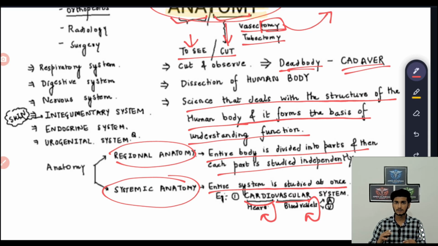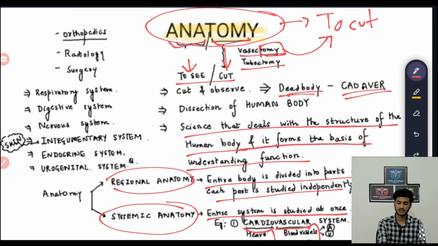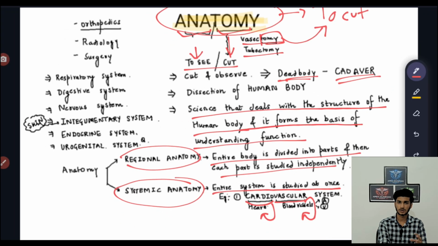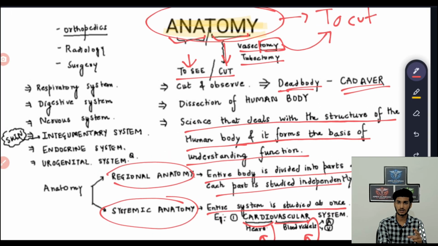If you see in foreign medical graduates, the majority of students will start with the systemic anatomy and then move on to the regional anatomy. So their core concepts and the basics of solving the puzzle of the body get very clear in this. After this cardiovascular system, we can appreciate other systems of the human body as well.